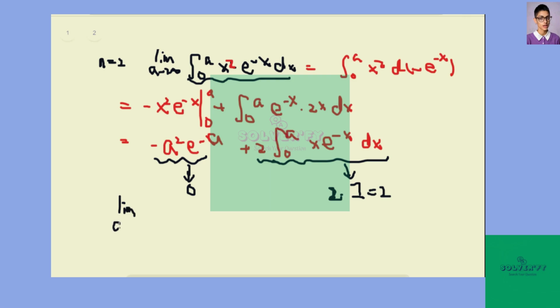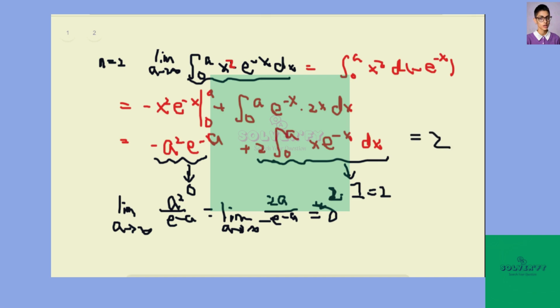The limit as A goes to infinity of A squared over e^A is equal to the limit of 2A over e^A, and we have computed this is equal to 0. So the result is equal to 2.